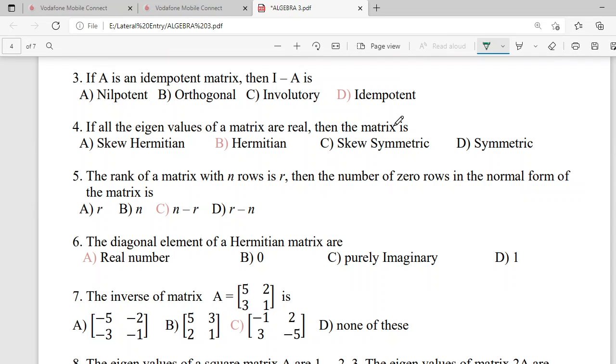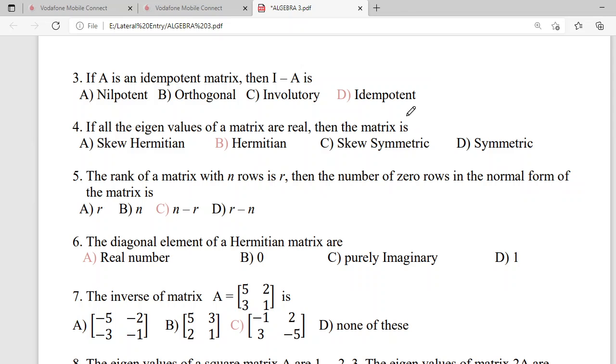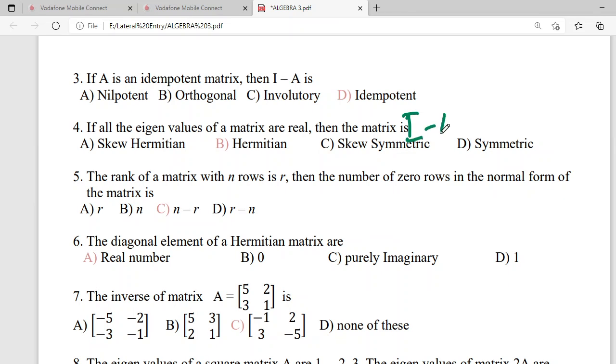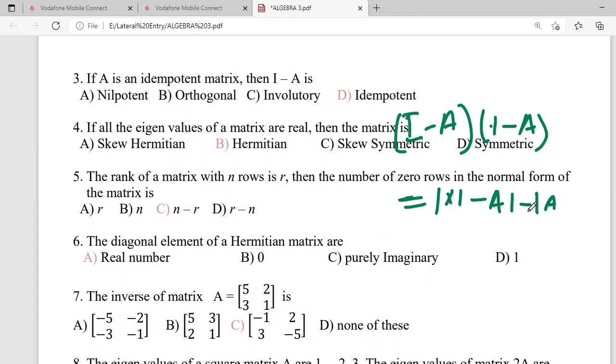I minus A into I minus A. This is equal to I into I minus I into A minus A into I plus A into A. I into I, the identity matrix, is I. Then A into I is A, and I into A is A. A multiplication is not commutative, so AB we cannot write as BA, but AI is A because it is the identity element.